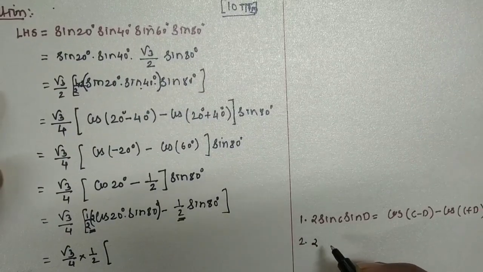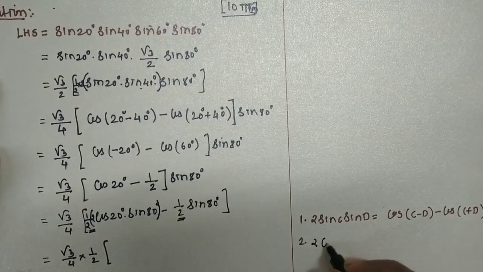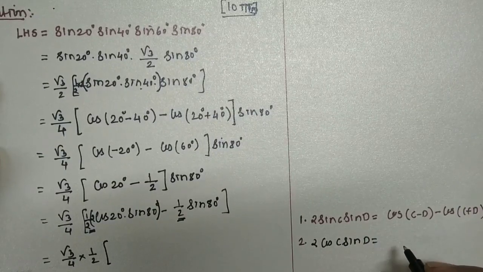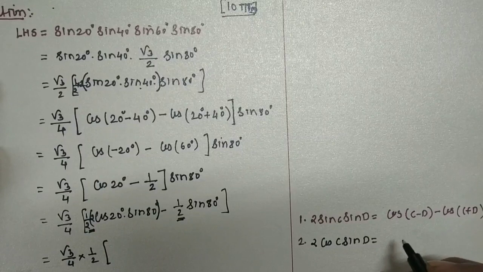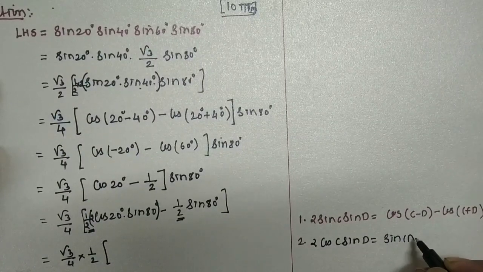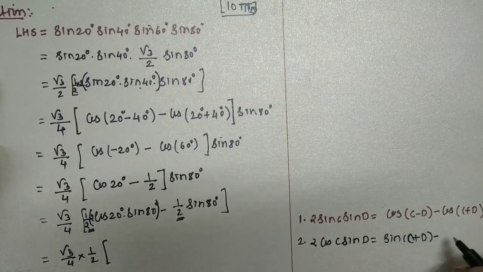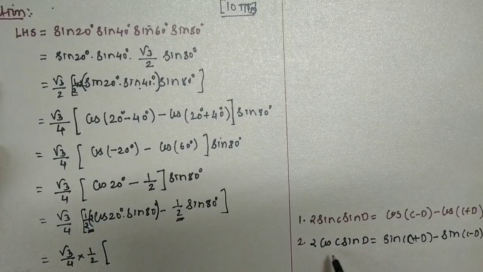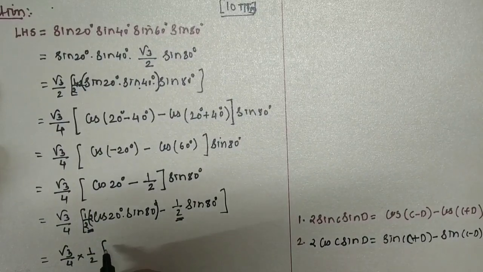We know the formula 2 cos C sin D. This formula is nothing but sin(C plus D) minus sin(C minus D).